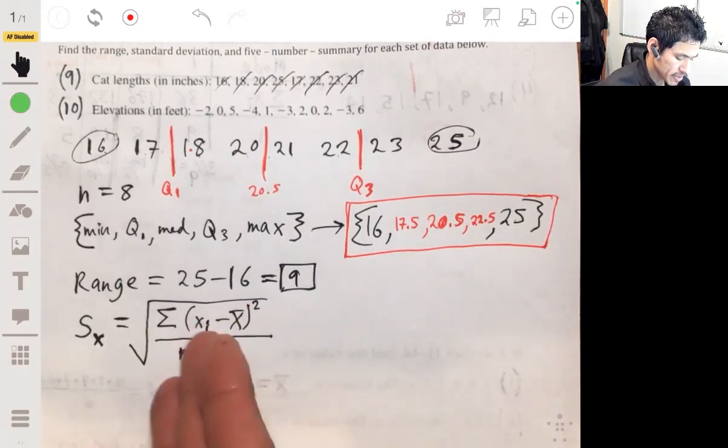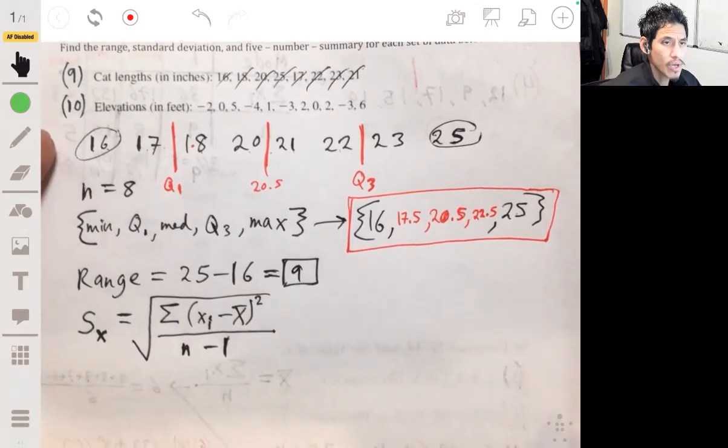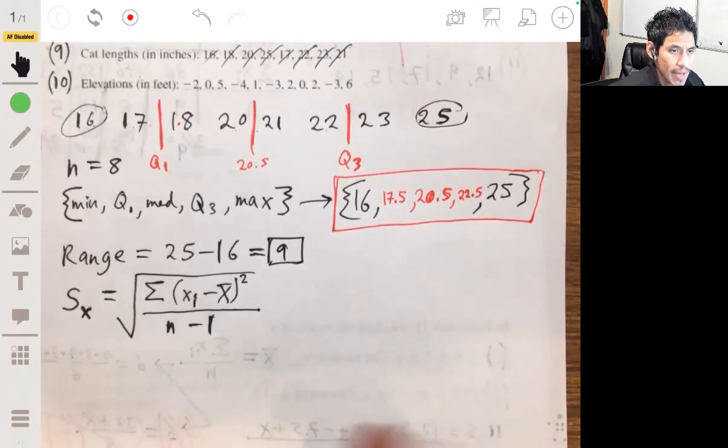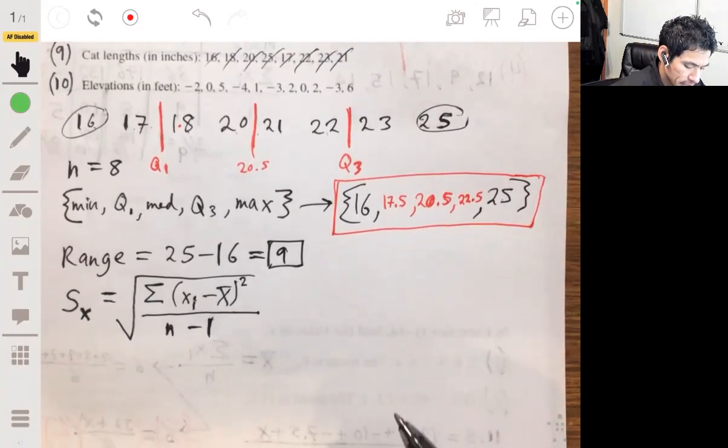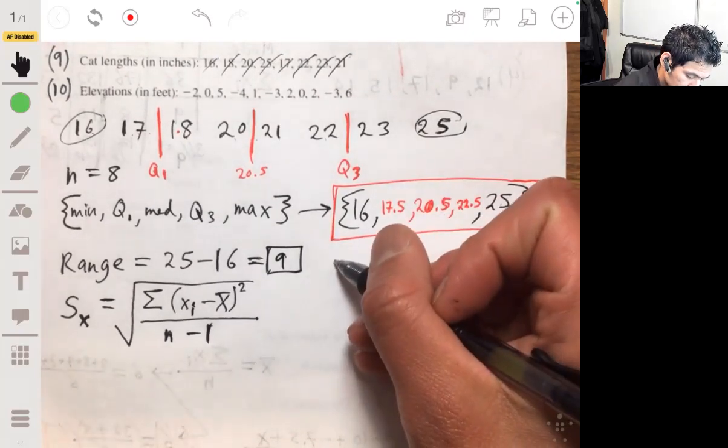So we have to just understand what this is. It's actually pretty simple, it just could be tedious if you have a lot of data. So I always recommend having a table, a nice way to organize it.